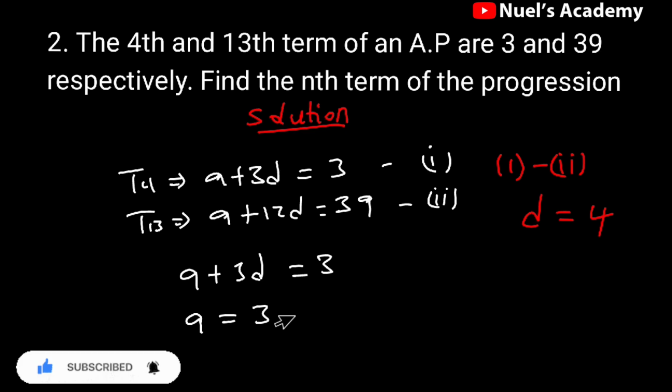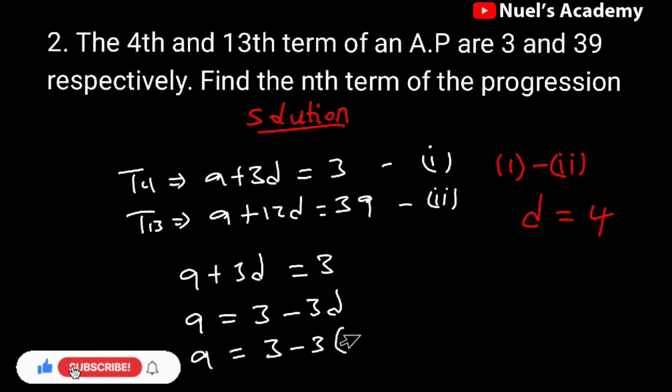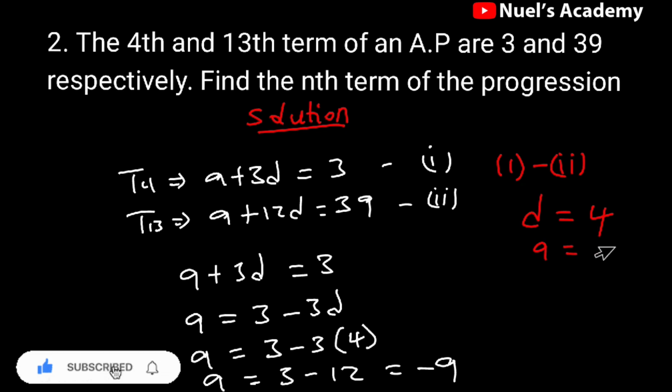It is going to be 3 minus 3D. So A is equal to 3 minus 3 times D, and D is equal to 4. Now we have that A is equal to 3 minus 3 times 4, which is 12. And then 3 minus 12 is equal to minus 9. So we have that A here is equal to minus 9.